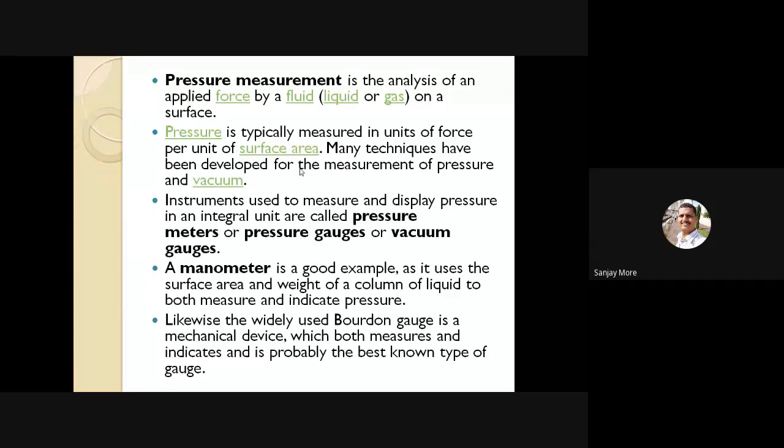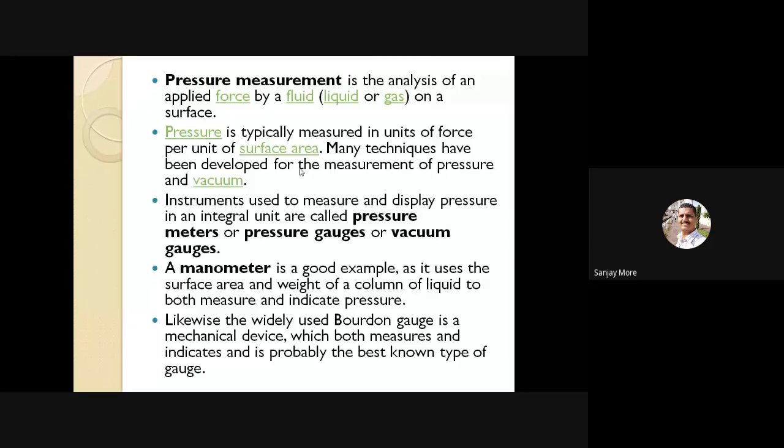Many techniques have been developed for the measurement of pressure and vacuum. Instruments used to measure and display pressure in an integral unit are called pressure meters, pressure gauges or vacuum gauges. A manometer is a good example, as it uses the surface area and weight of a column of liquid to both measure and indicate pressure.